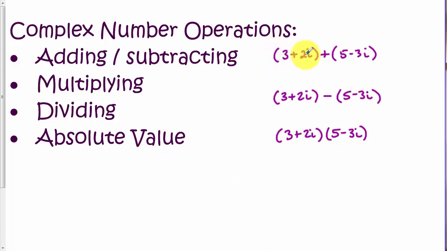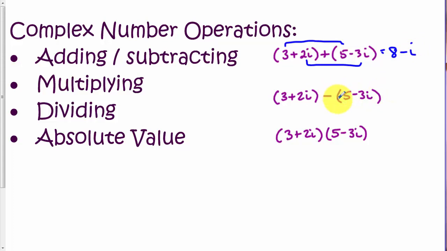When we talk about adding and subtracting, it's going to be a lot like simplifying algebraic expressions. Our key skill we're going to be using is combining the like terms, meaning we will be combining the real parts together by adding them and combining the imaginary parts. So if we combine the real parts here, we've got 3 plus 5 is 8, and 2i minus 3i would be negative 1i.